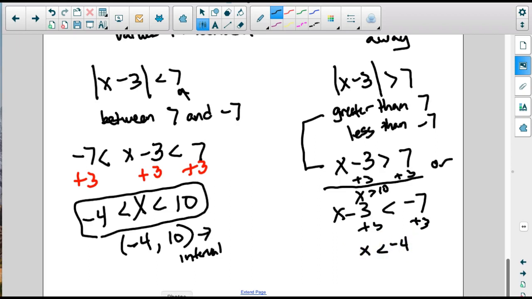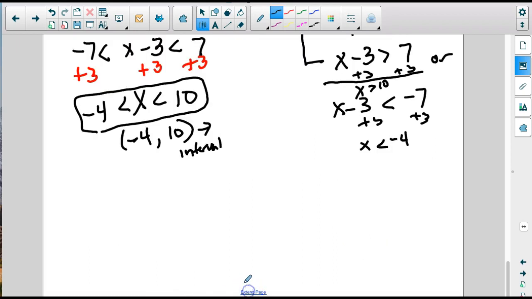So basically what we've done here is we've looked outside of this interval. When it's greater than, it's outside of this interval. It's greater than 10, so it's going to be 10 to infinity, with the other one being -infinity to -4. So we're looking outside of this range if we're greater than.